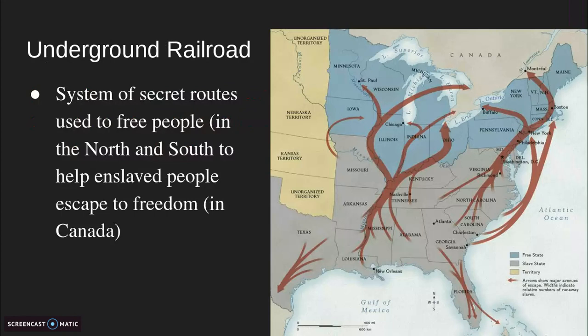Because in Canada, slavery was illegal, and Southerners and other slave owners could not go into Canada. Once the enslaved person got to Canada, they were free. So that's why all these people, like Harriet Tubman, helped these slaves along the way to reach freedom.